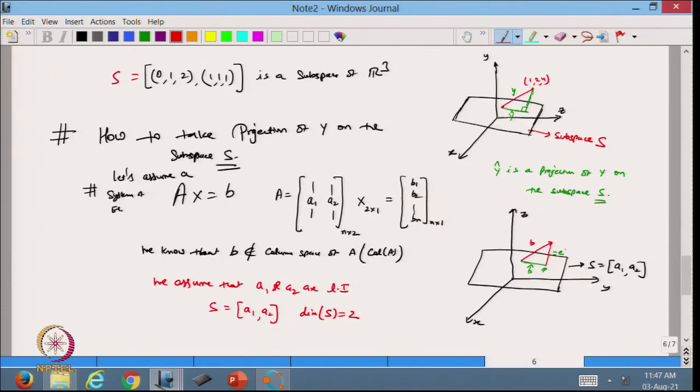Now, if you see from here, this is the error E. What is E? It is basically b minus b hat, because this is b and this is b hat.